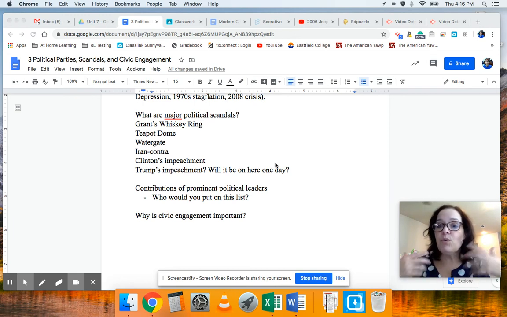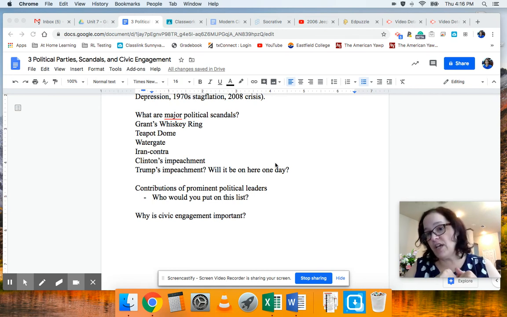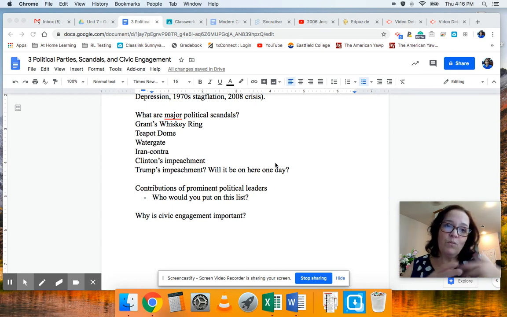And so you want to be thinking about how you can be civically engaged. Government controls funding for higher education, funding for public schools, how student loans are managed. They control the taxes you pay and your parents pay. So you want to be engaged and involved in those things.